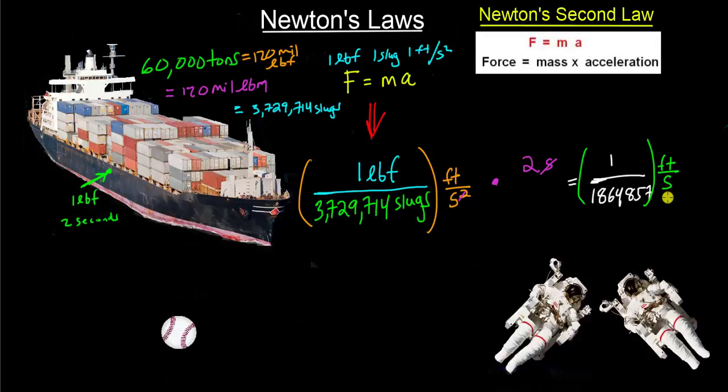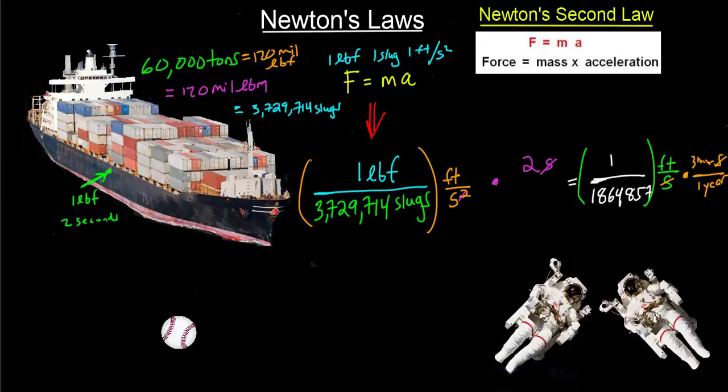I looked it up. There are 31,536,000 seconds in a year, so you multiply that in: 31 million seconds per 1 year. Now let's multiply that 31 million in here, and we'll get our ship speed in feet per year.